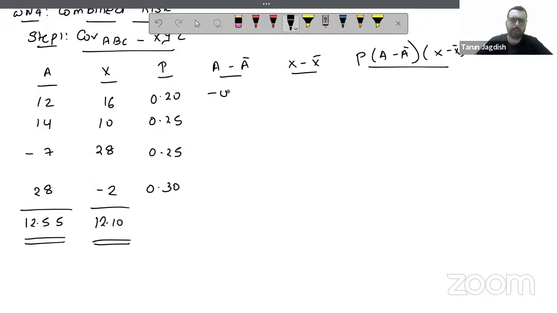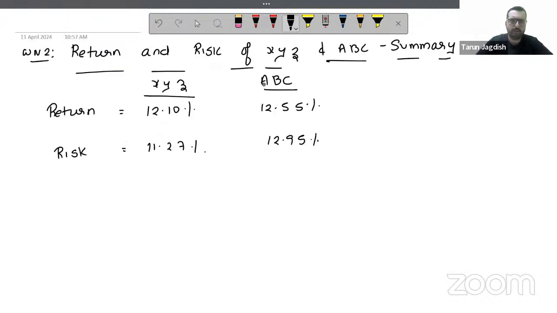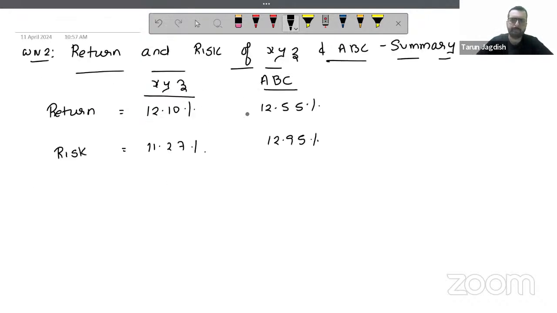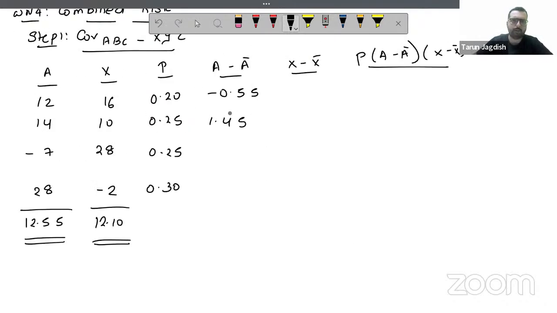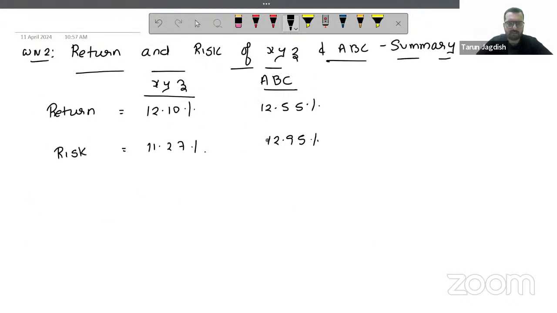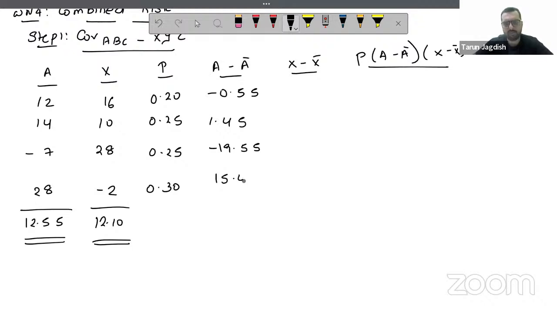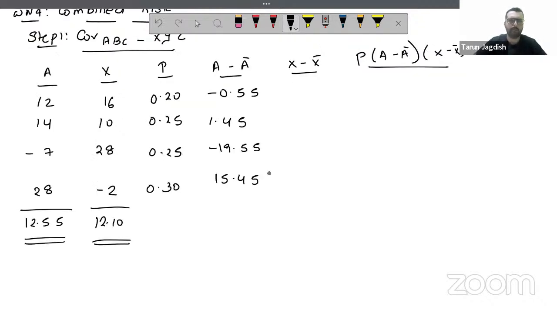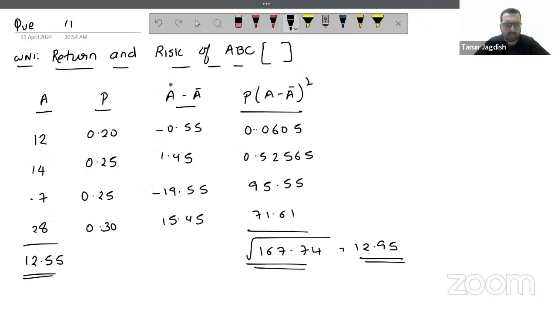So A minus A bar, I believe we already have found out earlier: minus 0.55, 1.45, 19.55, and 15.45. Whereas X minus X bar, we'll have to work it out now. I hope I have taken the right numbers.